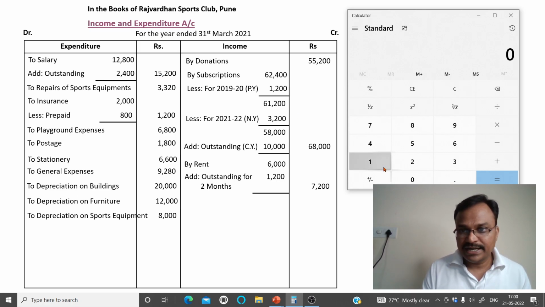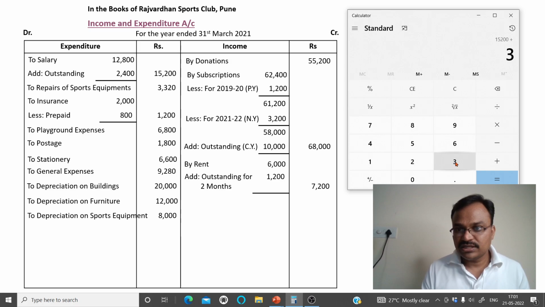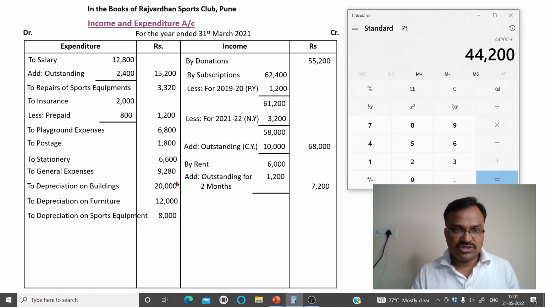Okay. Now let us total the debit side. On debit side, 15,200 is the first point. 15,200 plus 3,320 plus 1,200, then plus 6,800 plus 1,800 plus stationery 6,600 plus 9,280 plus 20,000 is the depreciation. 20,000 plus 12,000 is 32,000 plus 8,000.